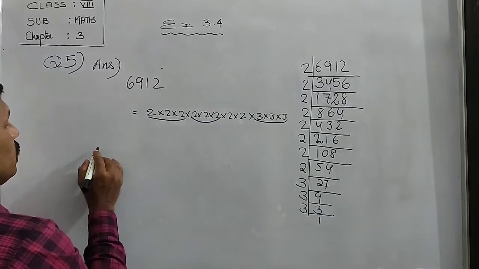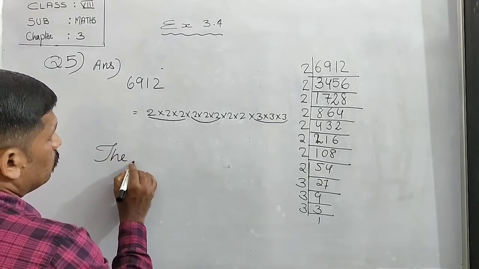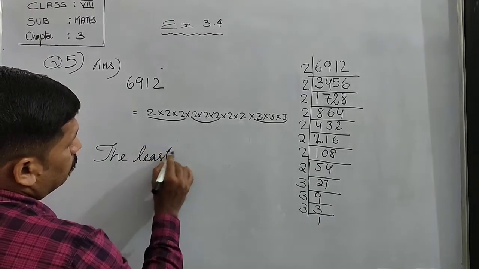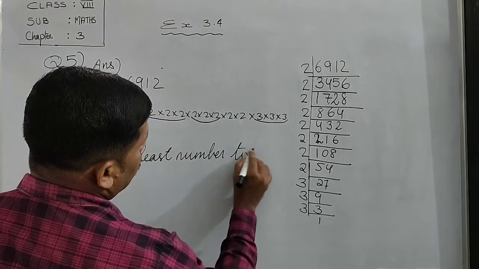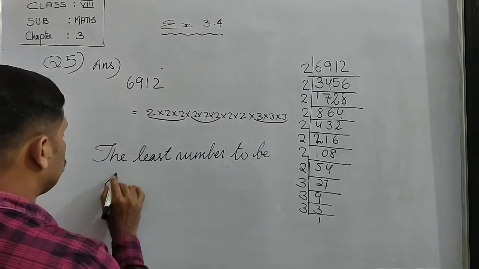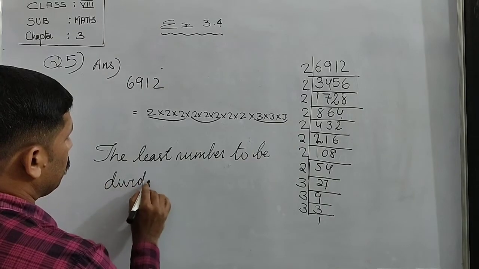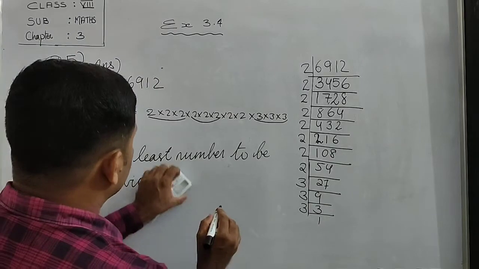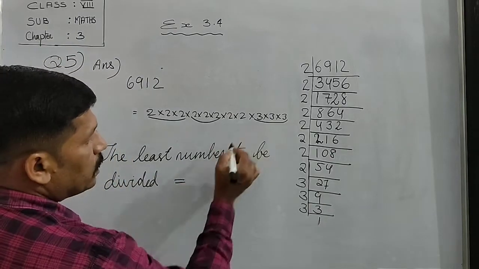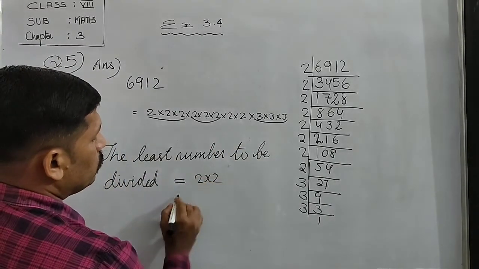So we write the answer: the least number to be divided is equal to the ungrouped factors multiplied, 2 into 2, that is equal to 4.